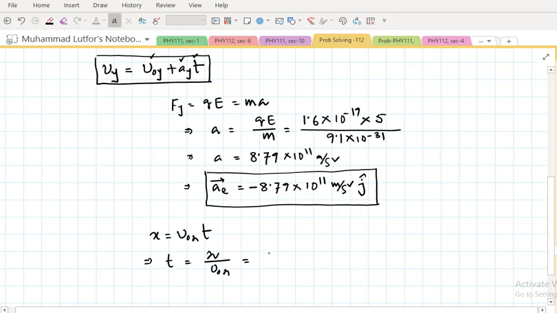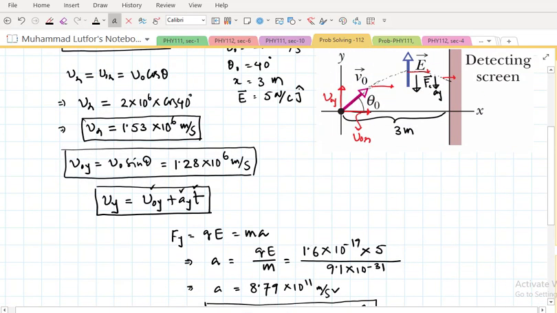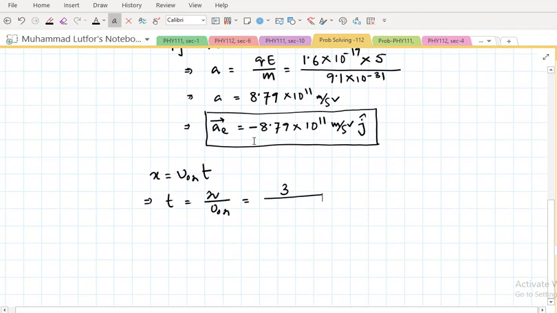We know the x, which is 3 meter, and V0x, actually that Vx, which is V cos theta. We found that it is 1.53 into 10 to the power 6. I'm going to plug in that value over here.